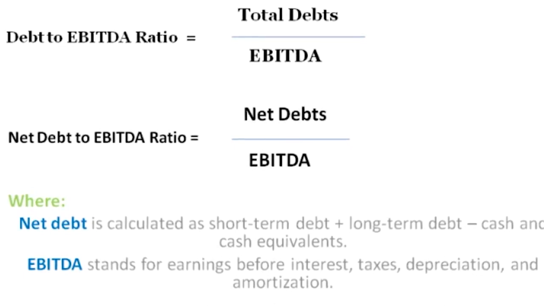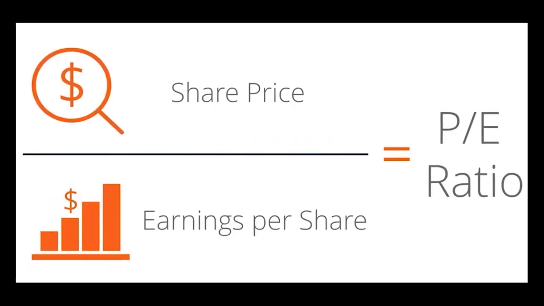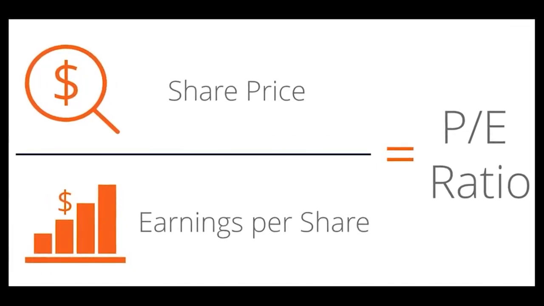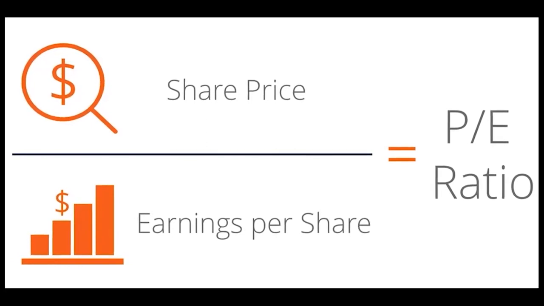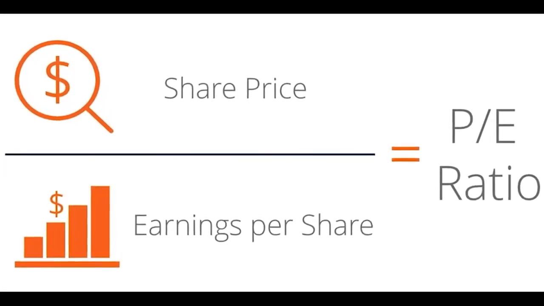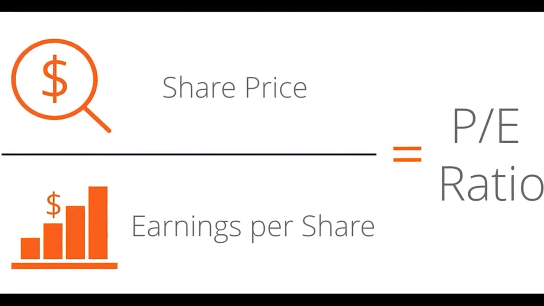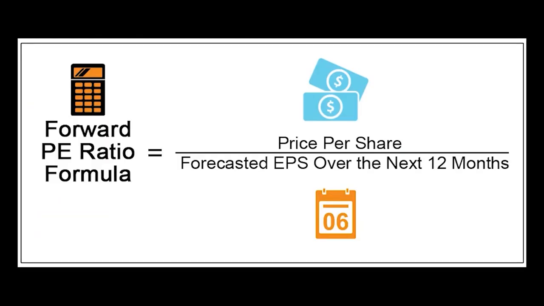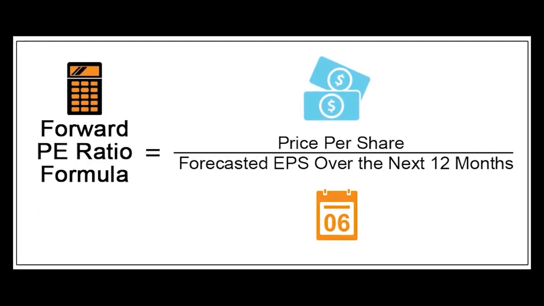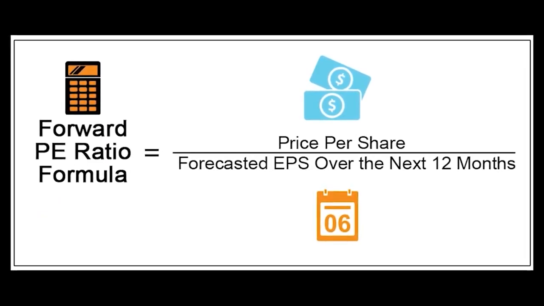Another very important indicator is the price to earnings ratio, a ratio for valuing a company that measures its current share price relative to its per share earnings, EPS. However, when it comes to evaluating growth stocks, I would suggest using forward price to earnings. This is a version of the PE ratio that uses forecasted earnings for the calculation.